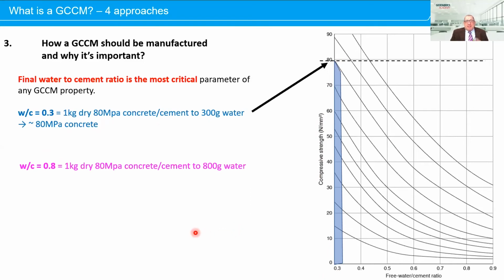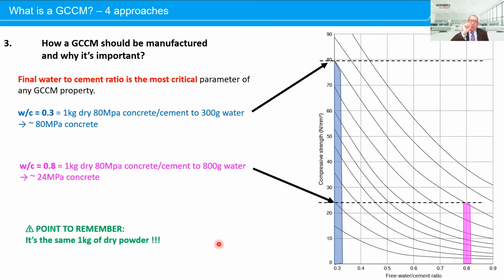Now, if we take that same dry powder, 1 kilogram, but this time add 800 grams of water, we get a water cement ratio of 0.8. So now we come down to 0.8 and we get a new compressive strength of only 24 MPa.